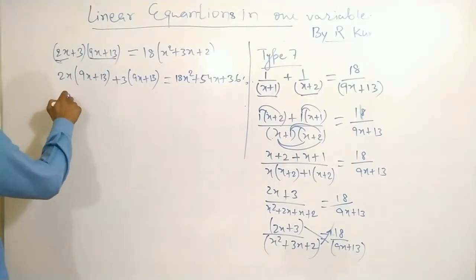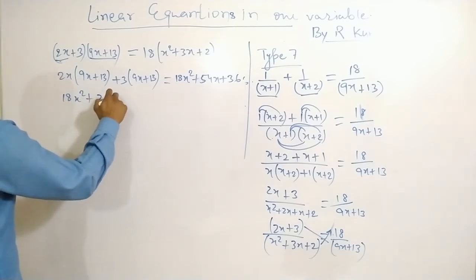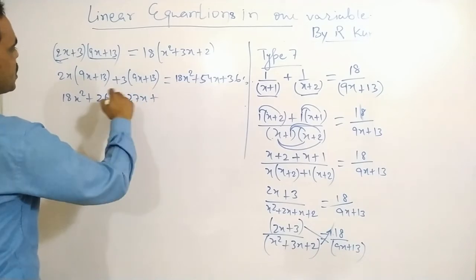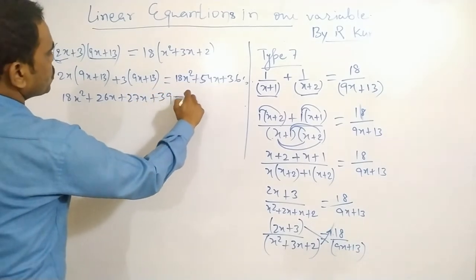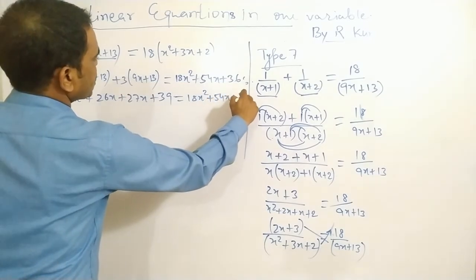Now 9 2 ja 18x square plus 13 2 ja 26x plus 9 3 ja 27x plus 13 3 ja 39 equals to 18x square plus 54x plus 36.